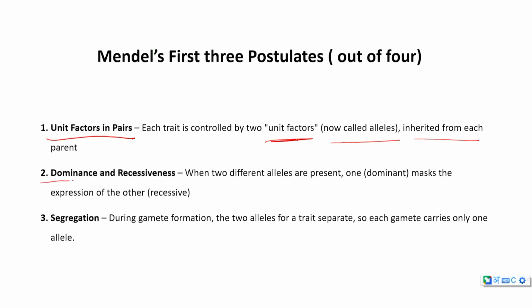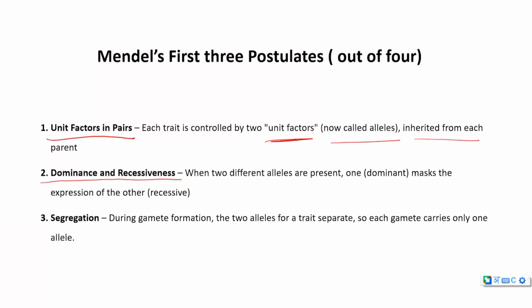And then he also talked about dominance and recessiveness. I want you to clarify, there are only 2 laws, and in those 2 laws, there is no law of dominance. Dominant and recessive is part of Mendel's postulate. Because in the F1 generation he saw only one trait shows up, but another one is hidden. So, whatever shows up he called dominant, and the one which we are not seeing is recessive.